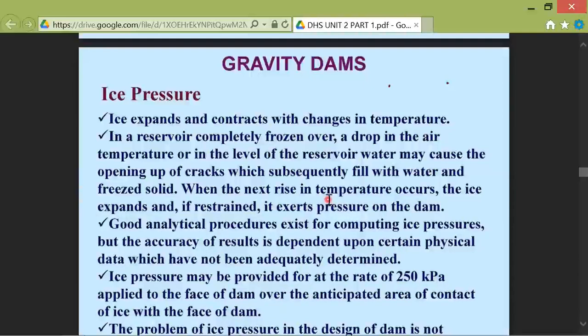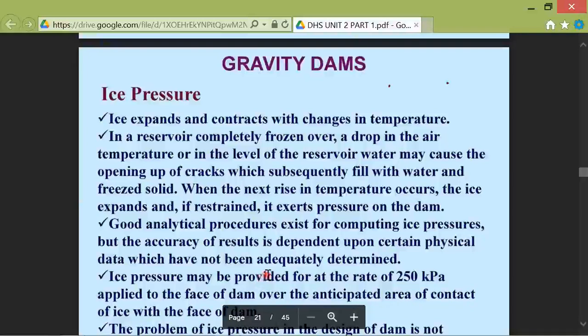So therefore, this type of ice pressure needs to be calculated, and the value of ice pressure may be provided at the rate of 250 kilopascal applied to the face of the dam over the anticipated area of contact of ice with the face of the dam.